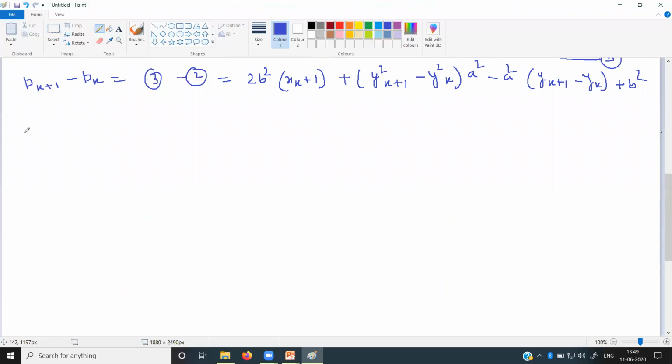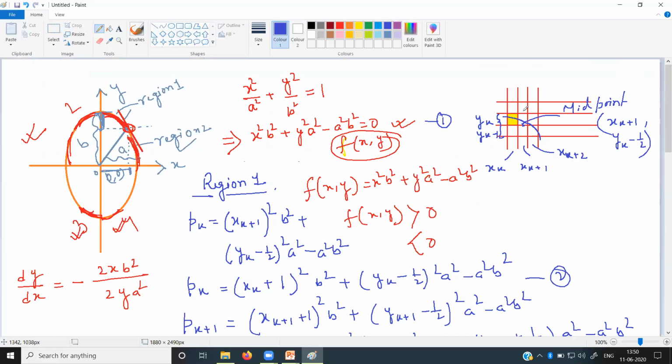So what you can do now, you can say p of k plus 1 is nothing but pk plus 2b square x of k plus 1, plus, we cannot write yk plus 1 as yk plus 1, because yk plus 1 is the y value for the k plus 1th iteration. So what will be the y value? From the figure you can see this is our k plus 1th iteration.